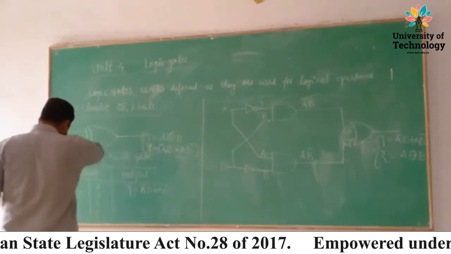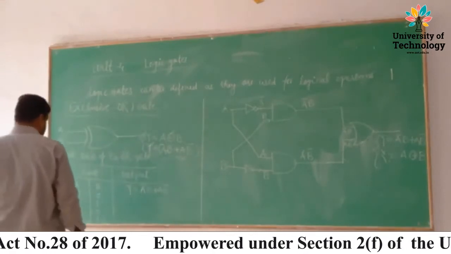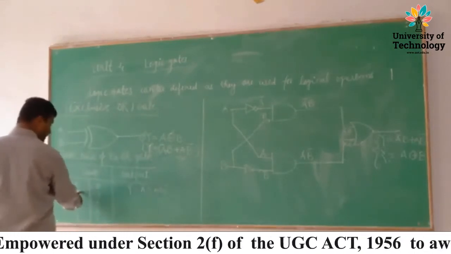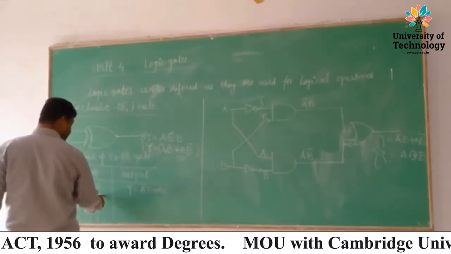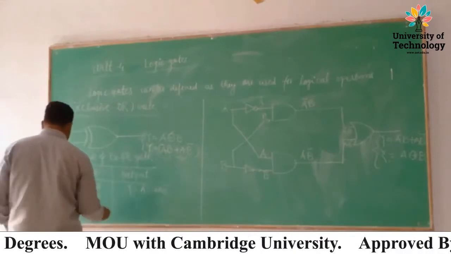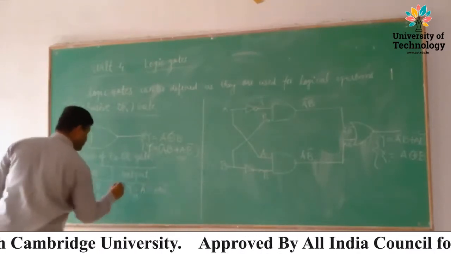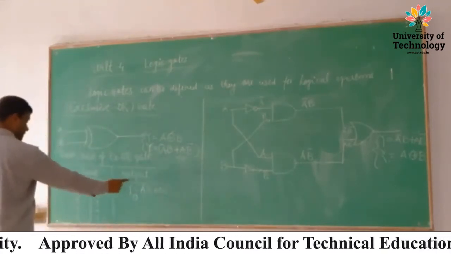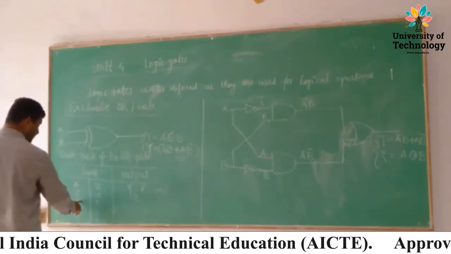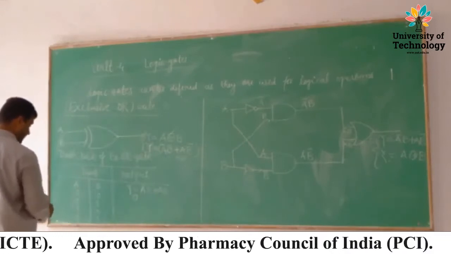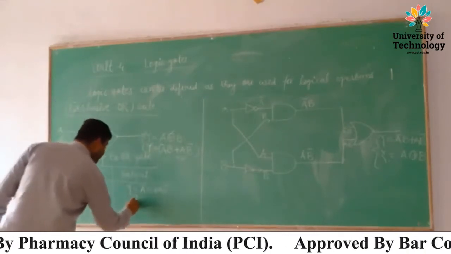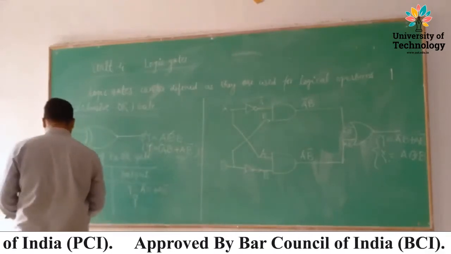Here A bar B means 1 into 0, 0 plus A B bar, 0, 0 will obtain 0. Second case: A bar B means 1 into 1, 1 plus A B bar means 0, 1 will be obtained. 1 plus 0 is 1.